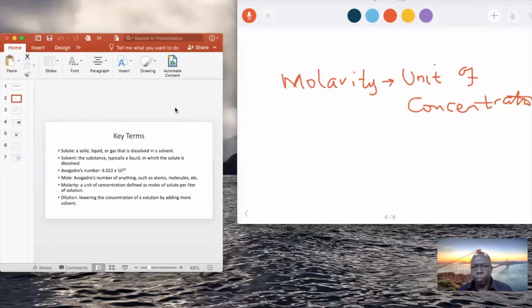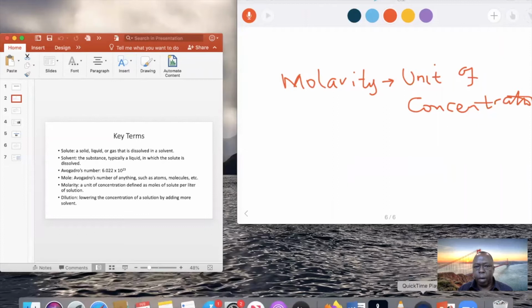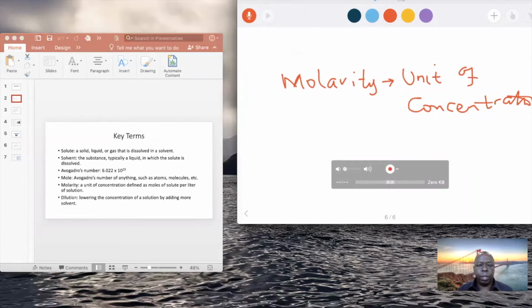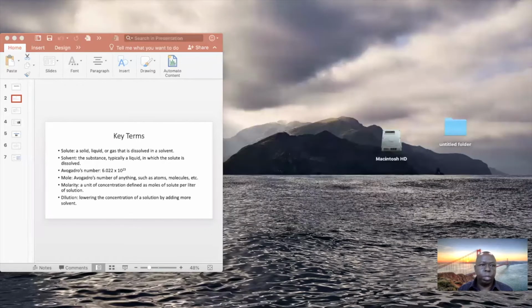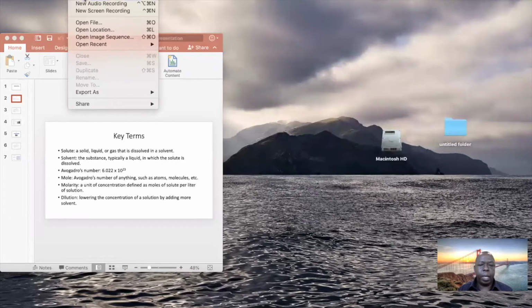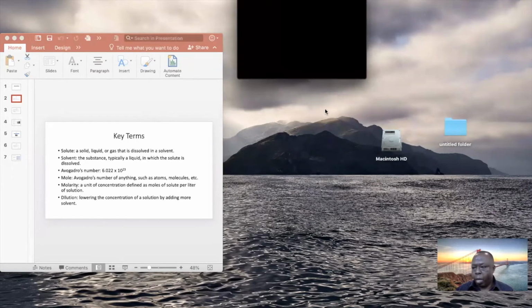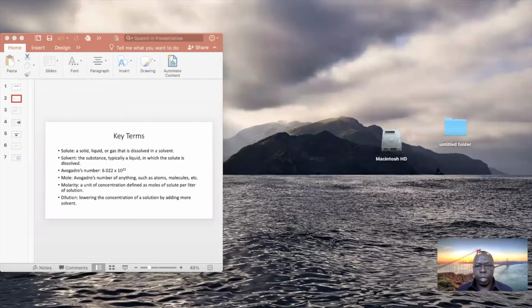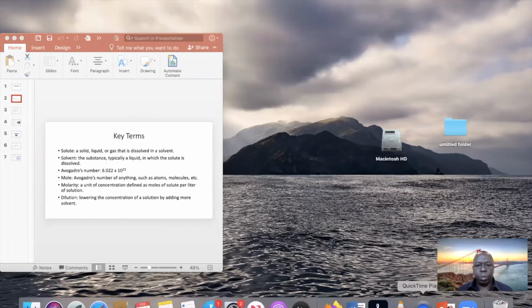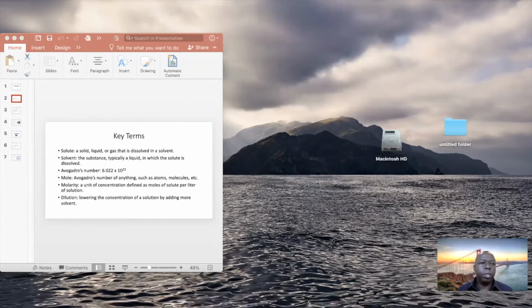Let's see if I can share my screen here. I want to use my iPad as whiteboard. In this case, allow me to sync and have a new page on my whiteboard.